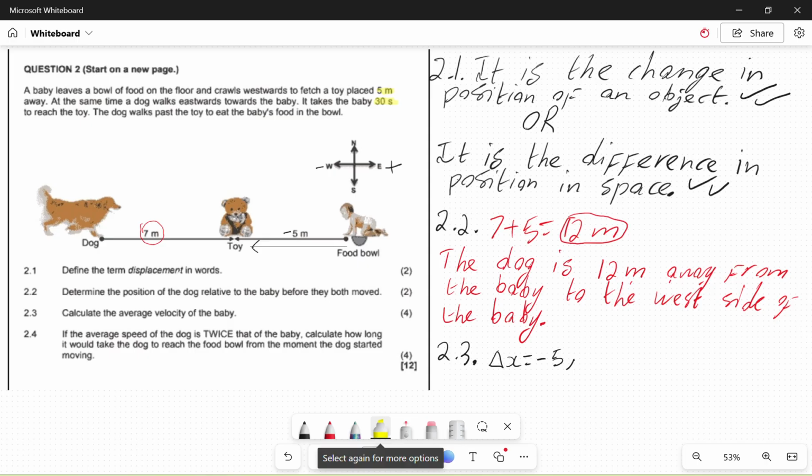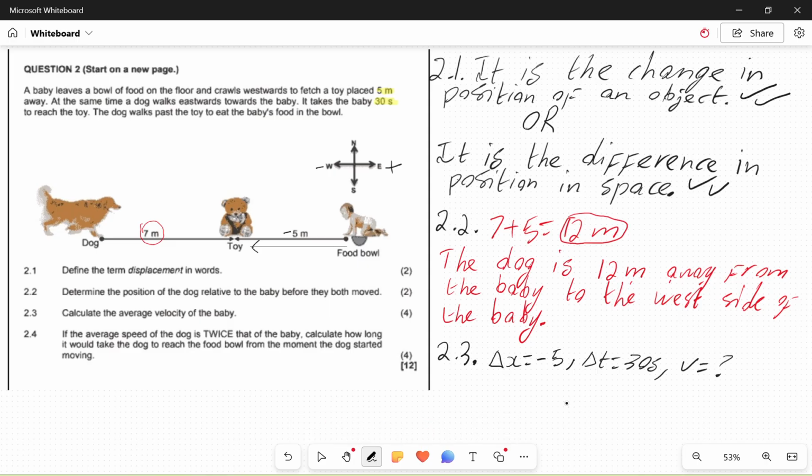That's our displacement, which has been made to be negative. Then we will now put down our time. So change in t will be equal to 30 seconds. After listing this information, we know that our velocity in this case is unknown.